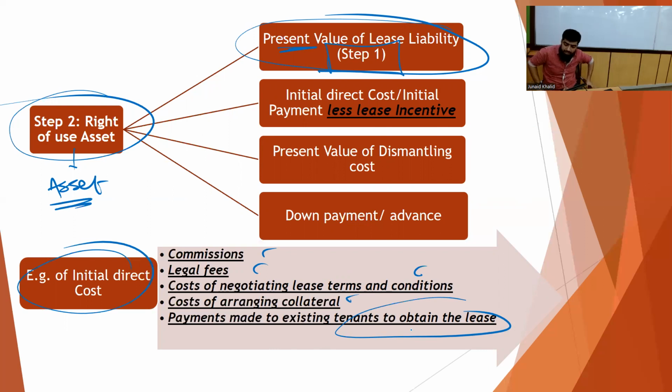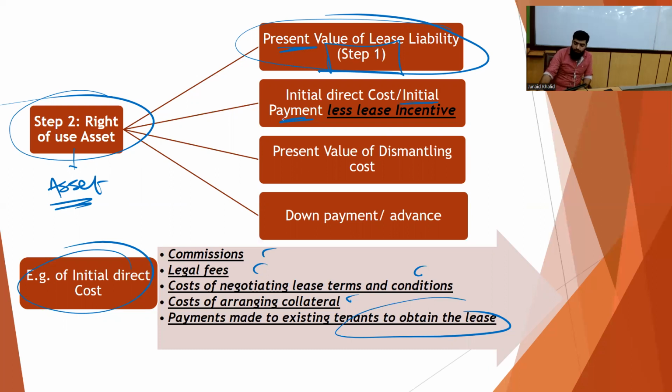We'll add this initial direct cost, which is also known as initial payments. And then less any lease incentive that is provided by the lessor. If the lessor has provided you any incentive, any benefit, any discount, that would be deducted from the initial direct cost.